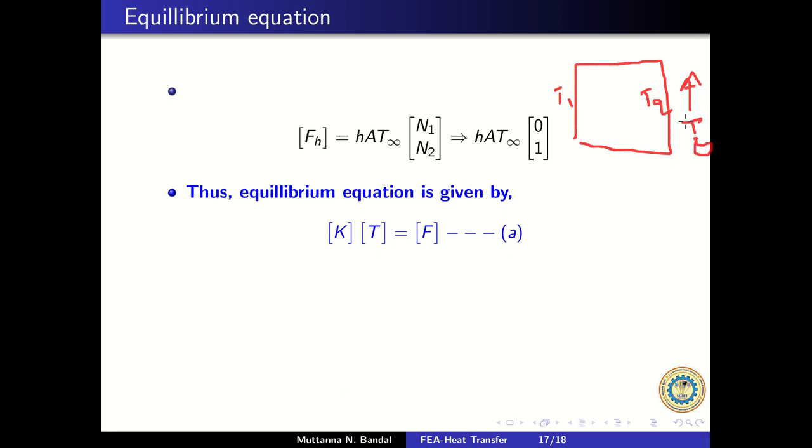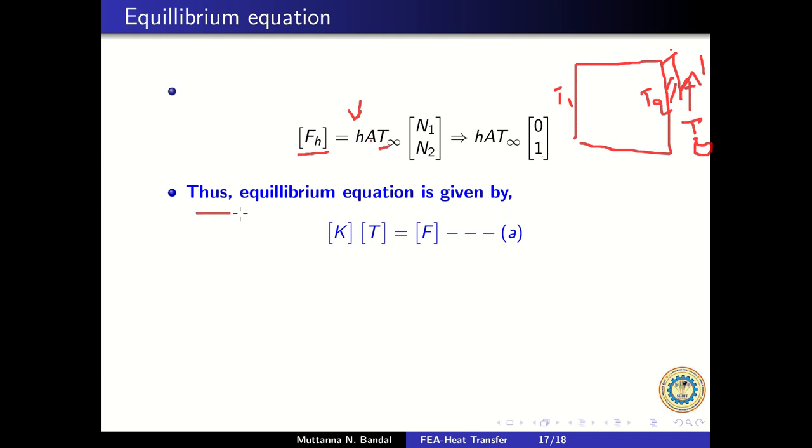How much heat is generated here is given by this F factor, which is given as h, the heat transfer coefficient of air, A is the area that is exposed to air, and T infinity is the temperature of the air or fluid medium, into N1 N2. N1 is 0 because this end is not exposed to the air. N2 is 1. So that can be written as h into A into T infinity into 0 1.